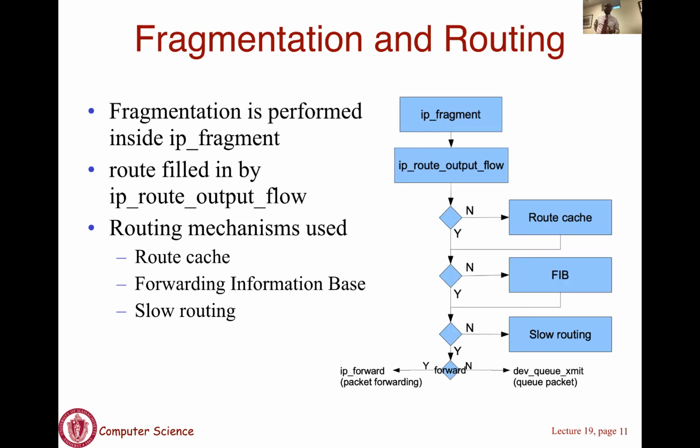Now, because you have to decide where to send this packet using IP, which is the network layer that implements routing, there are additional functions that are implemented within IP that have to do with fragmentation as well as routing. Okay? So what's fragmentation?